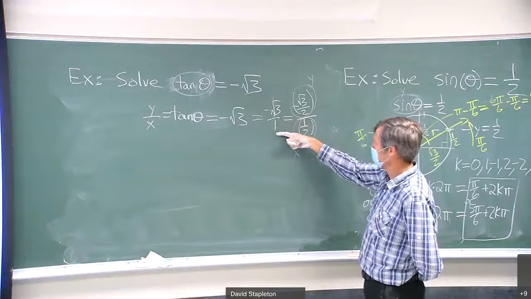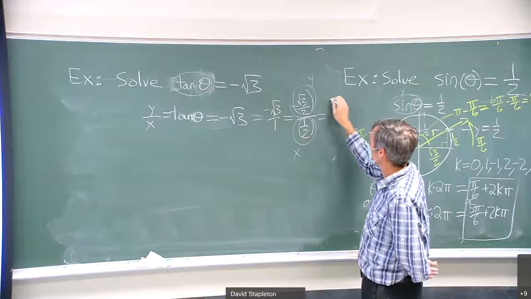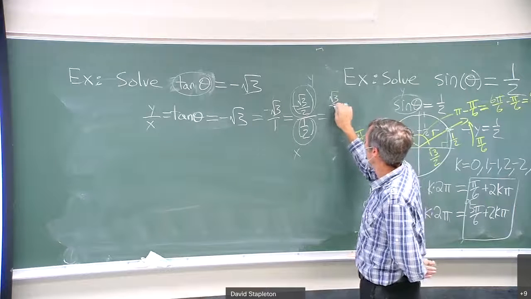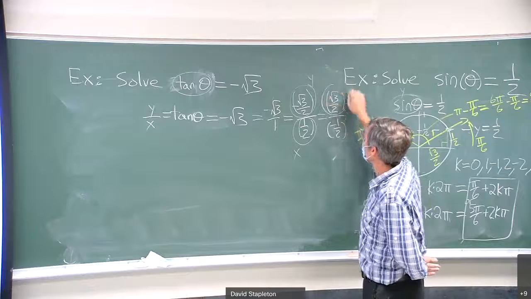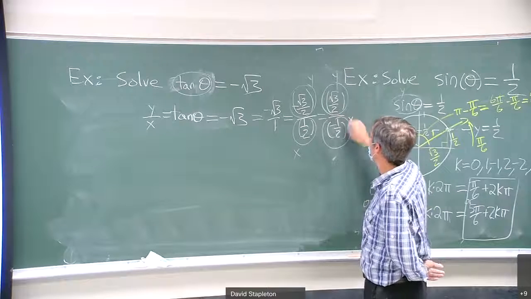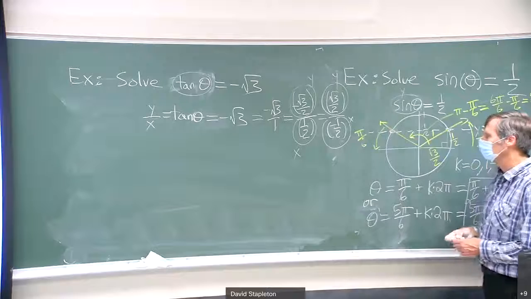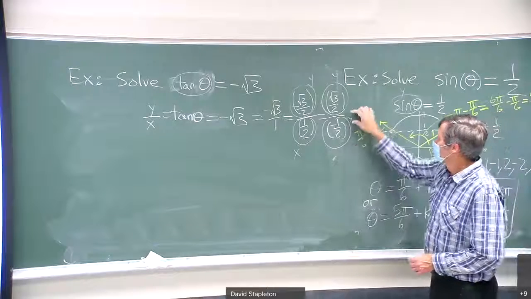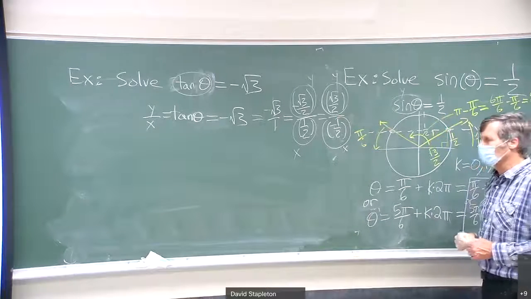Instead of dividing top and bottom by 2, I could divide top and bottom by minus 2 and get the same ratio, right? I could get square root of 3 over 2 on top and minus a half on the bottom, putting the minus down here. So this could be y and this could be x, right? And both of them work. Both of them have a ratio minus square root 3. And those are both points on the unit circle.